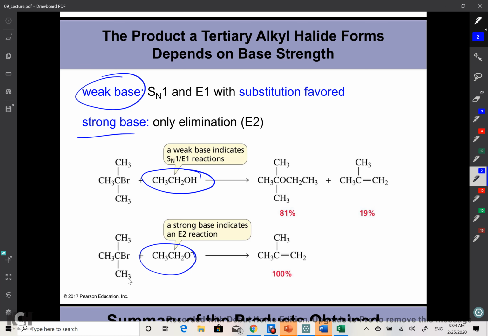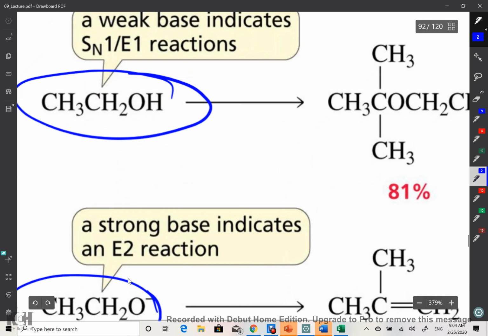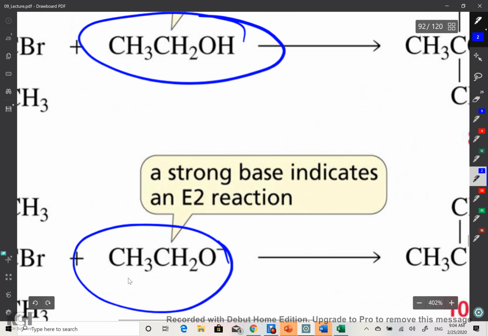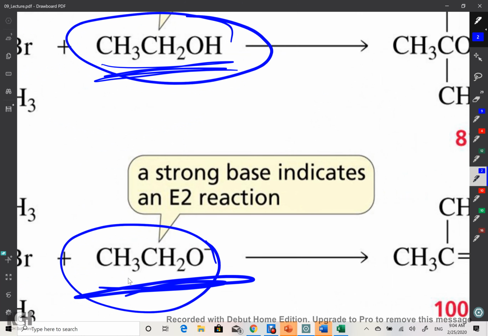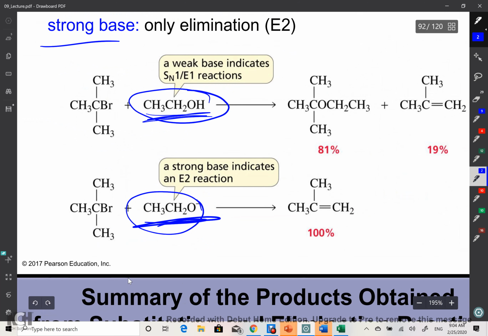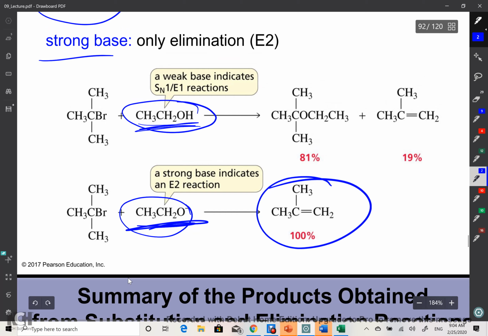Does that make sense? Because in this case, you are comparing this neutral molecule with that negatively charged one. The negative charge is strong, and so, because it is strong, it will lead to the formation of an elimination product.